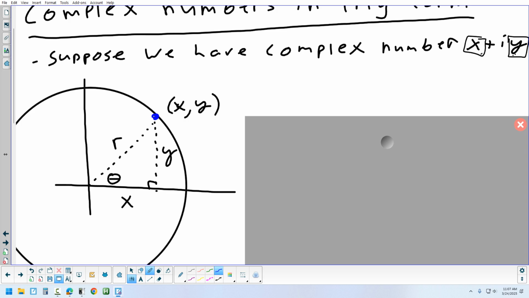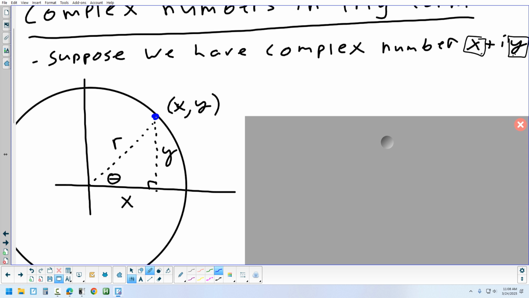That's standard form. Now we're going to describe it in trig form. What two letters do you think are going to be involved in trig form? They're in the diagram. R and theta, yeah. So we're going to have to use the R and the theta somehow to describe how to get to this point, not the X and the Y.